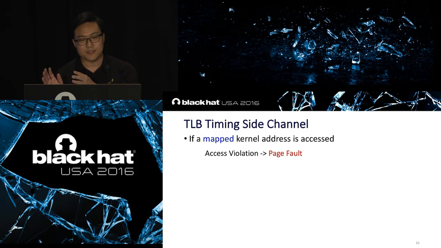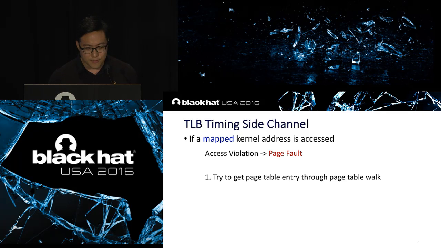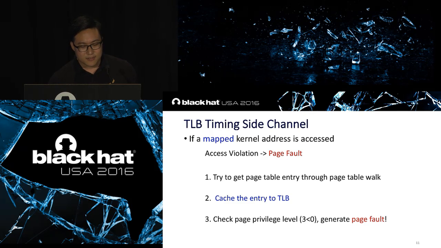There is a page table entry, but its privilege is ring 0 and we are in ring 3, so it's an access violation. To check that, the processor does the same thing as with the unmapped page, going through the page table walk, but the different thing here is there is a page table entry at the end. Then the processor catches it first, then compares the privilege, then generates the page fault. So the different thing is that now it is cached into the TLB.